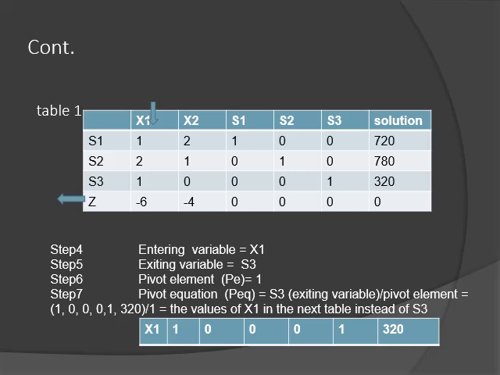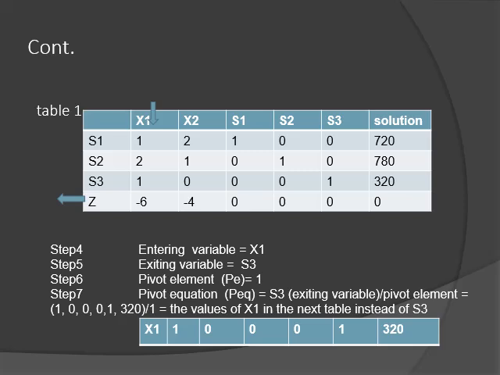The pivot equation: S3 exiting variable, or pivot element 1, 0, 0, 1, 320 over 1. Okay, so the value of x1 in the next table instead of s3 is 1, 0, 0, 1, 320. So now this is the main equation.